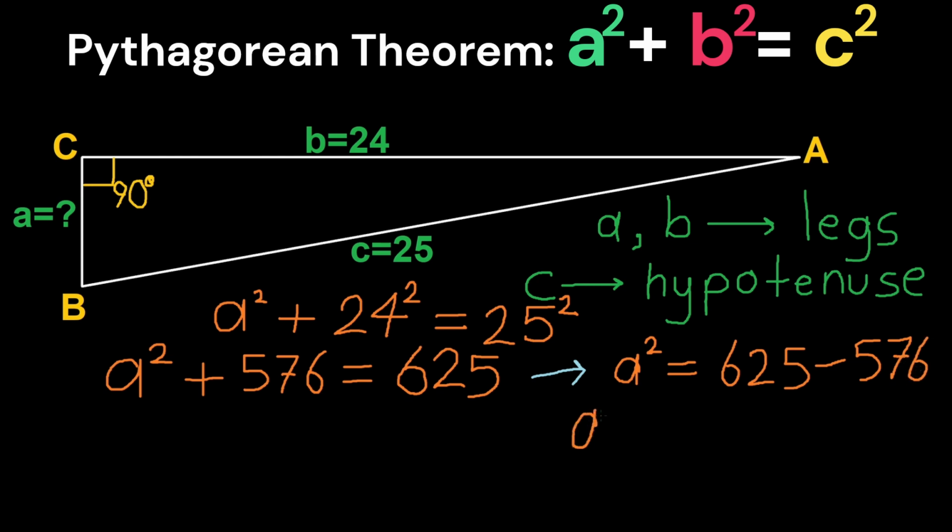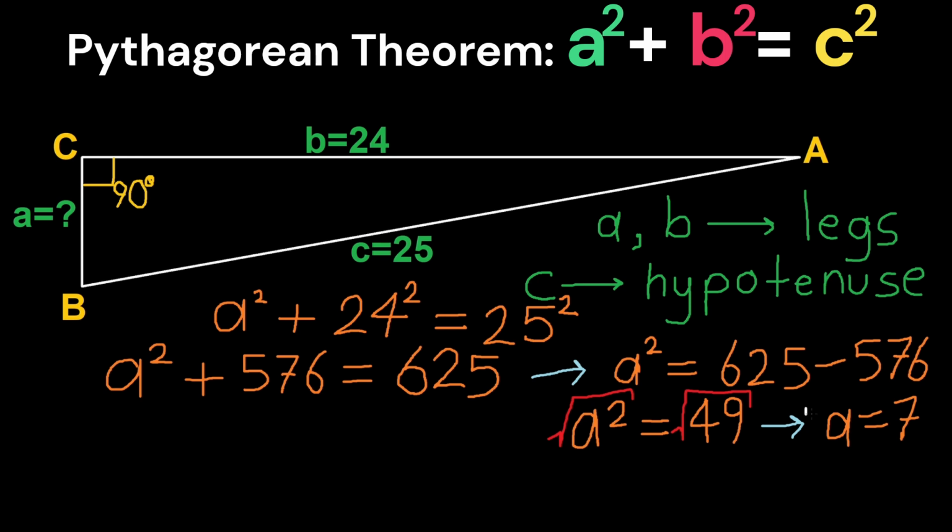So when we subtract 576 from 625, we get 49. And let's take the square root of both sides to find a. And it turns out a is 7.